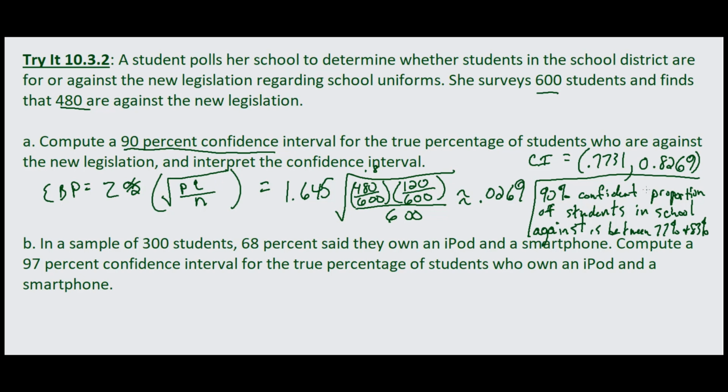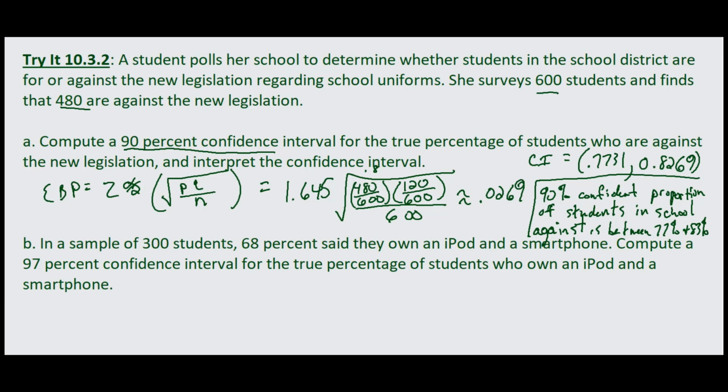You can find it in a couple ways. You can go to a z-score chart, but in that instance, you need to remember that with a confidence level of 97, we need to add half of that tail onto it as well. If you go back to example 10.3.2, when they found z alpha divided by 2, it was the 10%, 1 minus the 90% confidence, which is 10%, divided by 2 was 0.05.